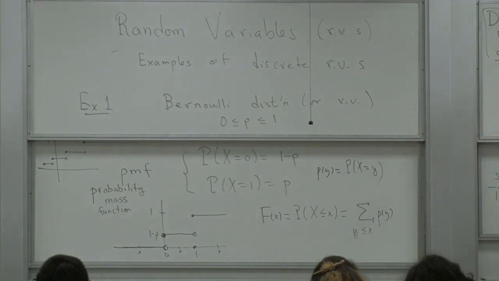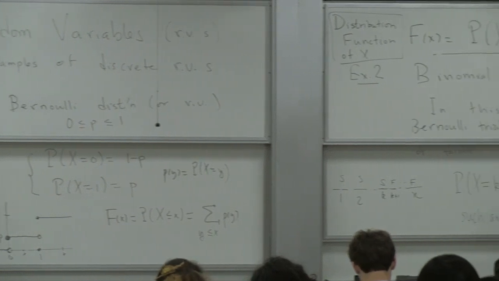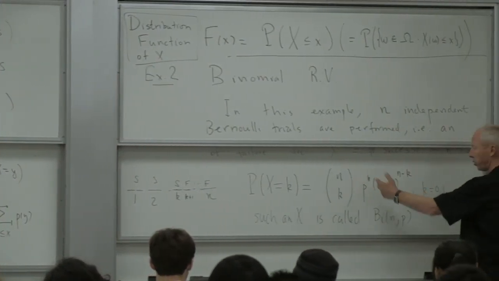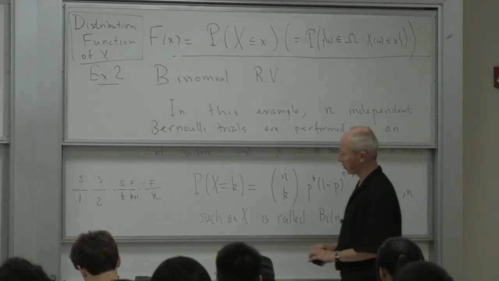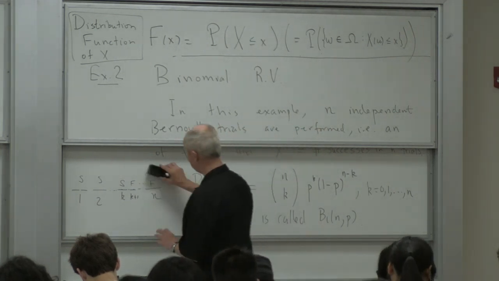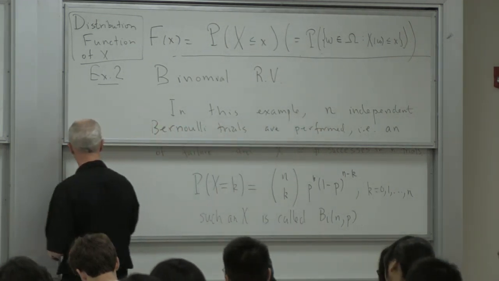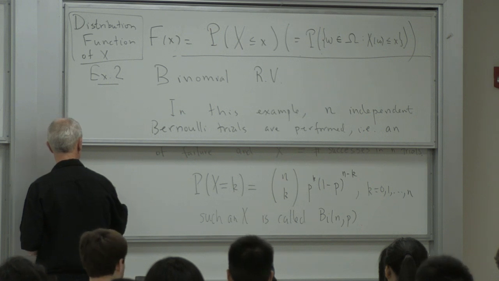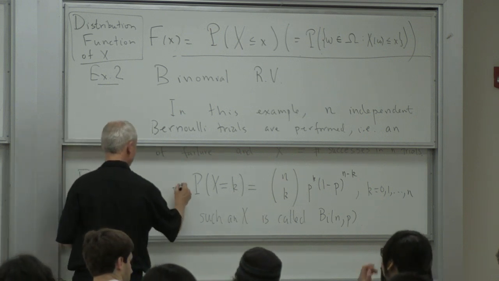Similarly, over here, if we add up the values of the probability mass function less than or equal to a particular value of x, let me call this p of k.